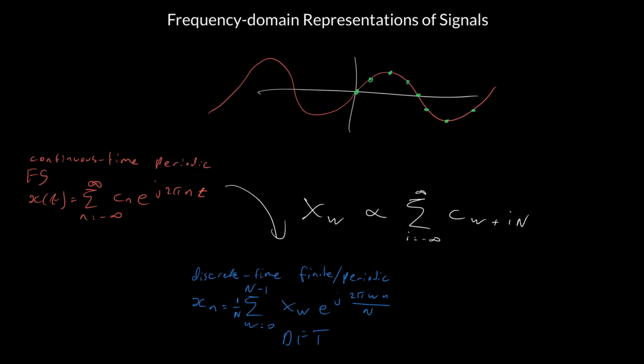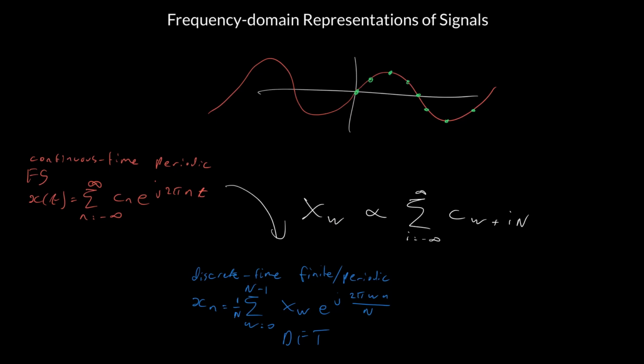There's a one-to-one correspondence here, whereas if this is not band limited, then the higher order frequencies whose coefficients are given by c of n, where n is larger than big N or smaller than 0, get aliased down to some frequency between 0 and big N minus 1. Precisely, we get this same periodic structure. All this summation is doing is taking our higher frequencies and mapping them back down into frequencies between 0 and N minus 1.